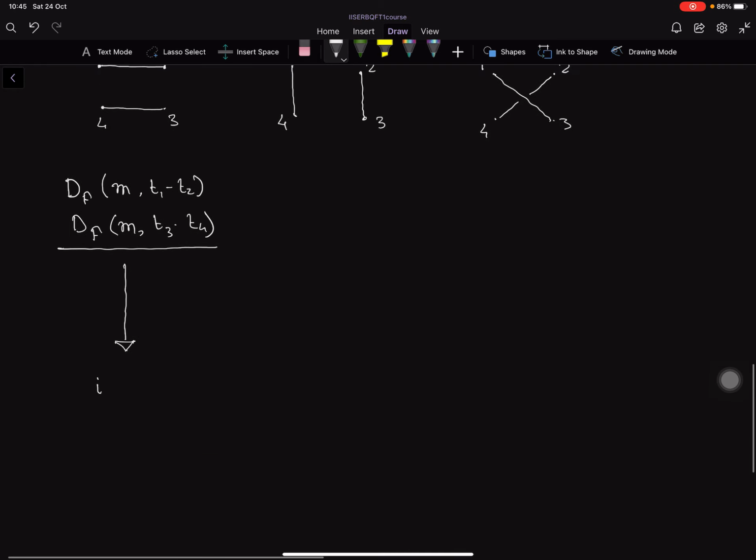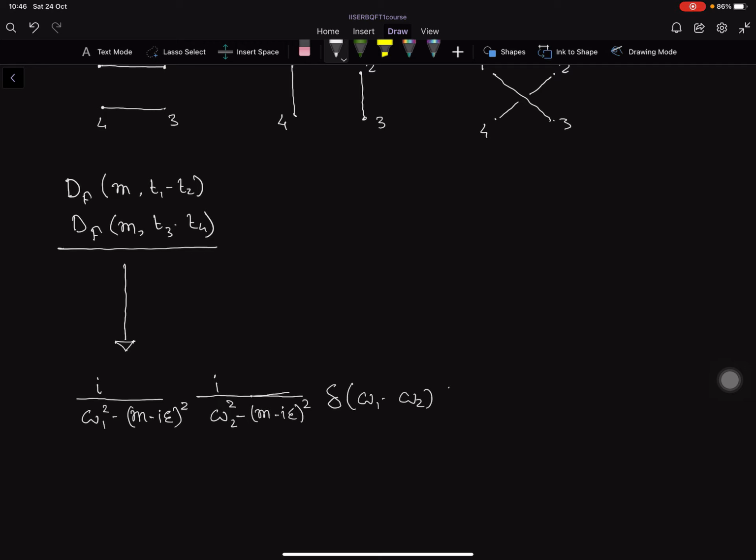So this will give us i over (omega 1 squared minus m squared plus i epsilon), times i over (omega 2 squared minus m squared plus i epsilon), and then we have delta(omega 1 minus omega 2) times delta(omega 3 minus omega 4). You can do this computation and check it.